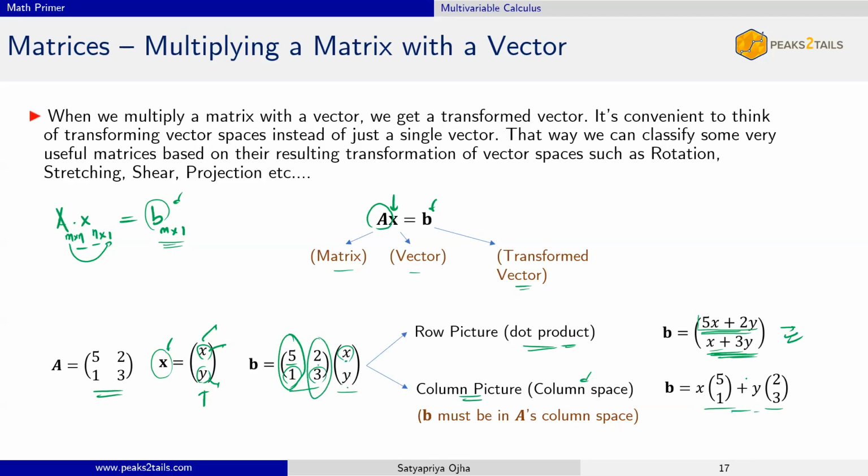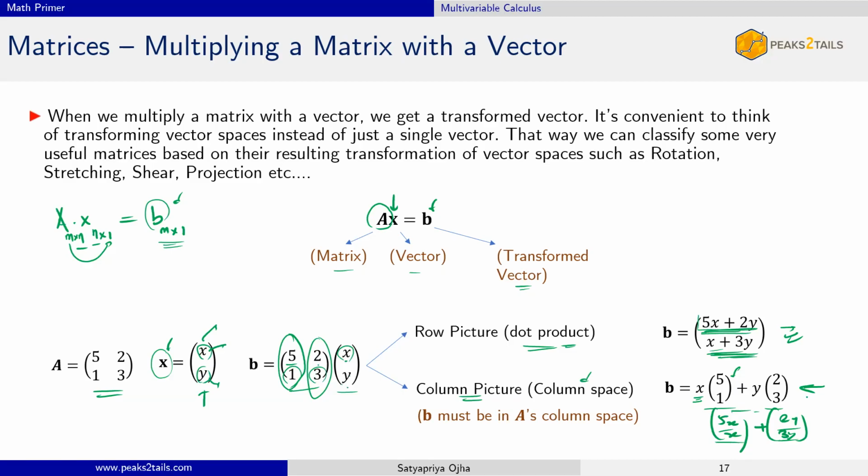Now just verify that these two are same. If you multiply a scalar to a vector, the whole vector scales, right? So this will be 5x and x, and this will be 2y and 3y. And then you add. If you add two vectors, it's just 5x plus 2y and then x plus 3y. Same thing. But the representation is different. But this is much more elegant.